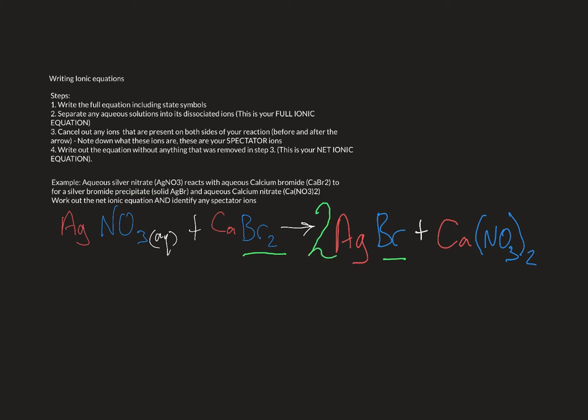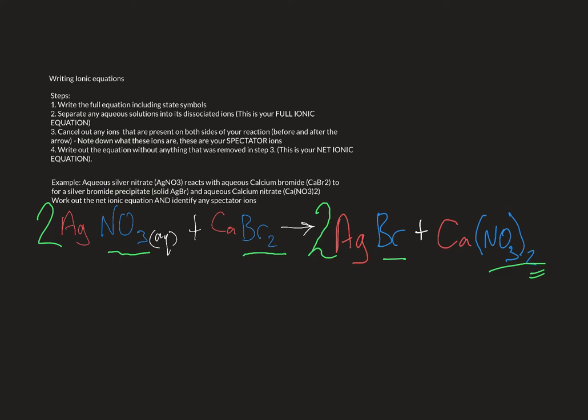There's also only 1 AgNO3 on the left, and I've got 2 on the right, so I'm going to double this. If I look at that, I can see I've got 2 silvers. I've got now 2 nitrates. I've got 1 calcium, and I've got 2 bromide ions, okay? So we can see all of that is now balanced. I'm just going to remove some of those lines.